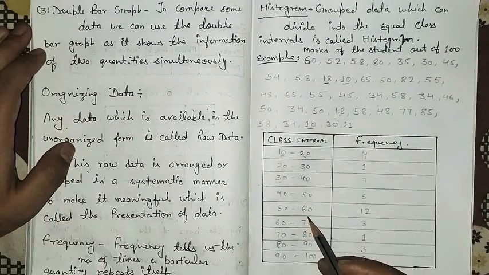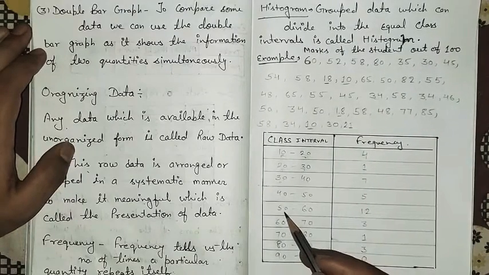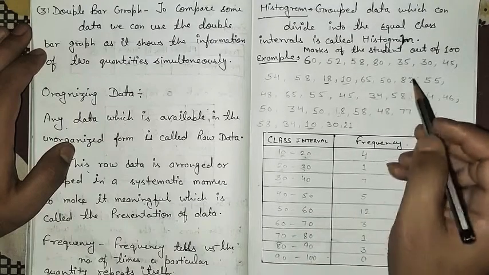Then 50 to 60, but you have to count from 50 to 59.